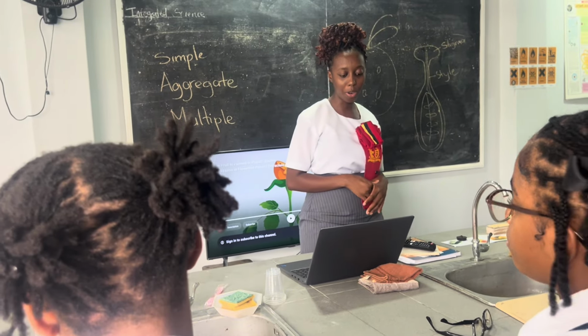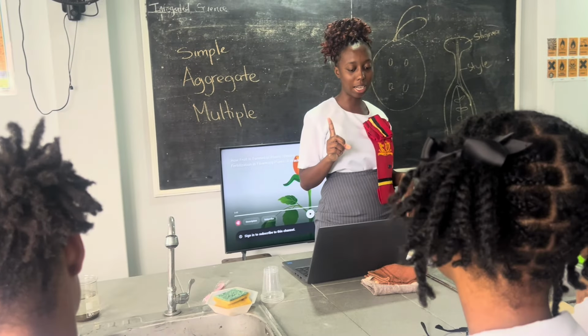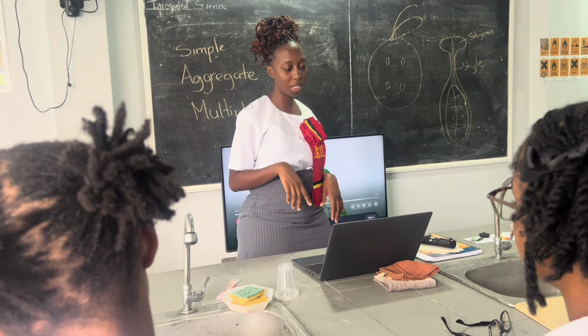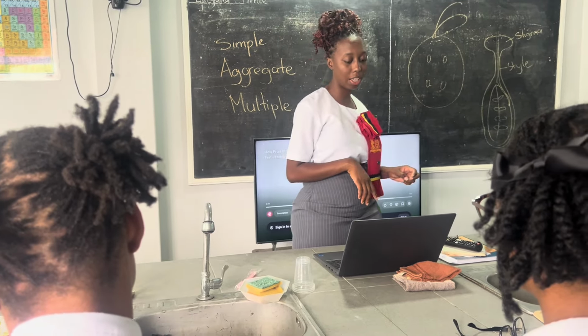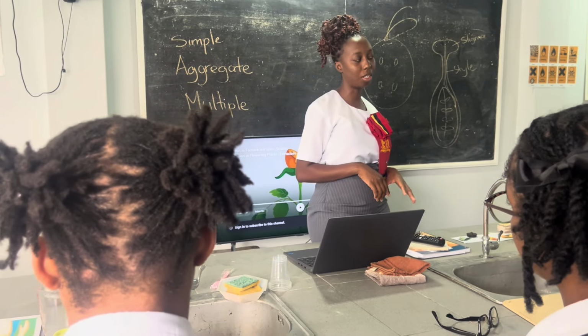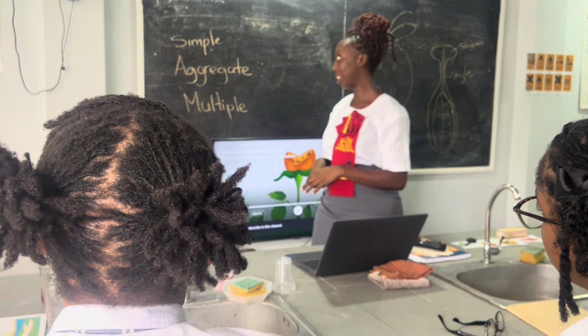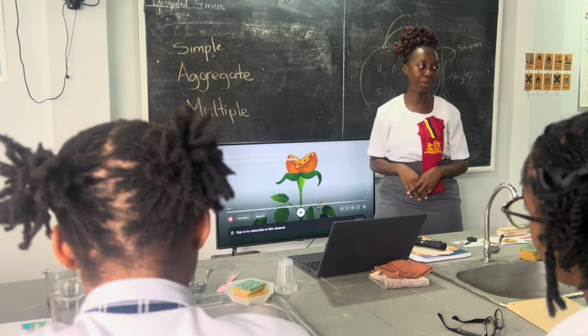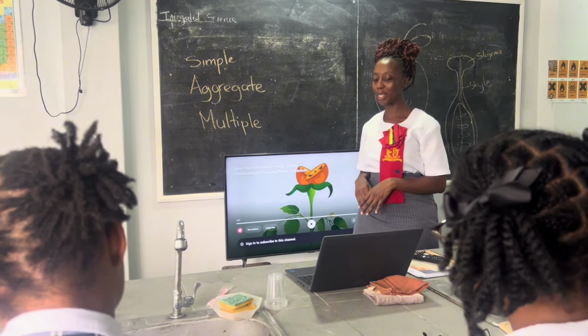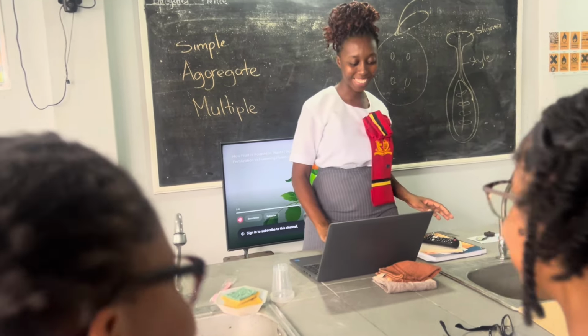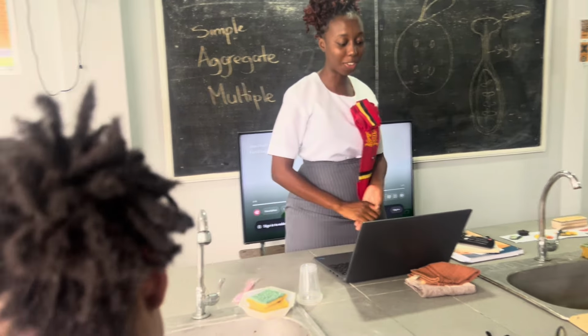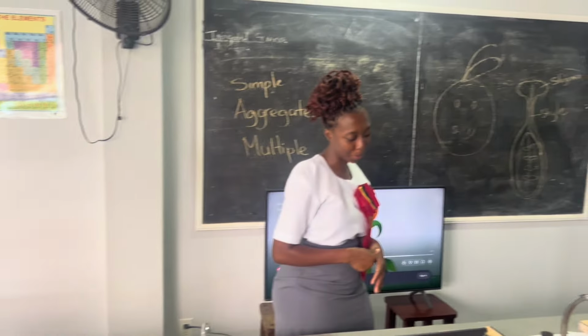This fruit is formed from a flower with one carpel or multiple carpels fused together so it just looks like one carpel. Do you think that's simple, aggregate, or multiple? Multiple. You think that's multiple? Alright. I'm going to give you the last definition and then you think about it.